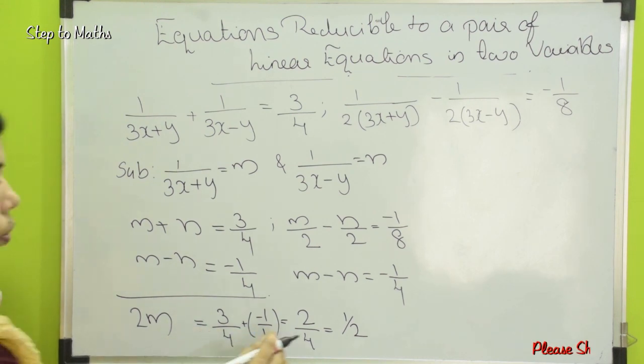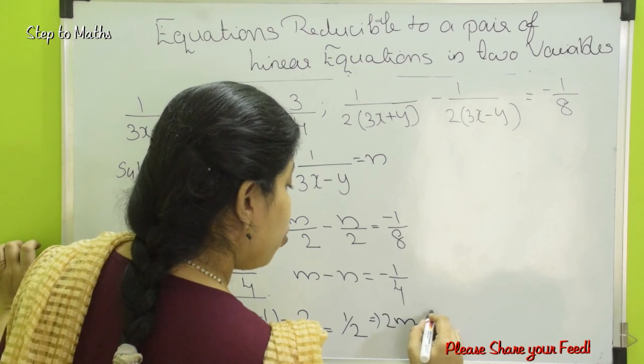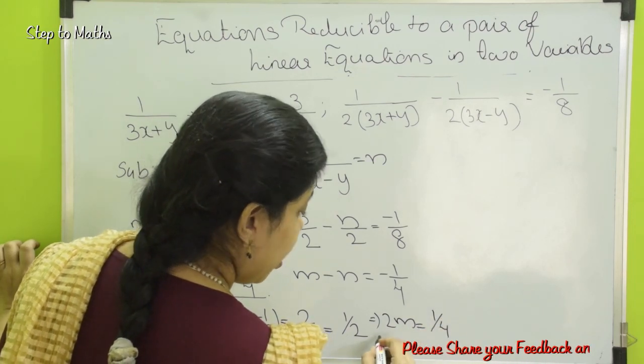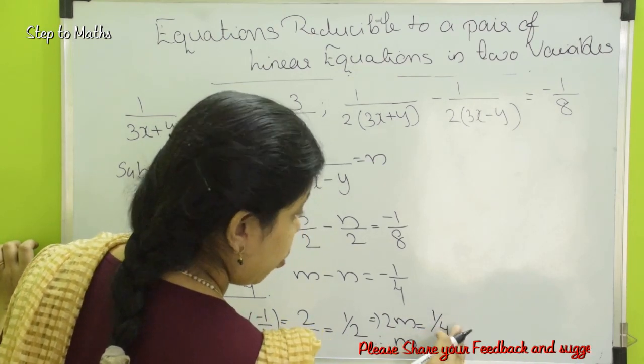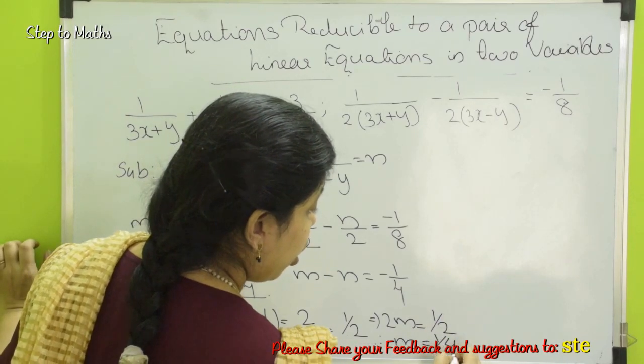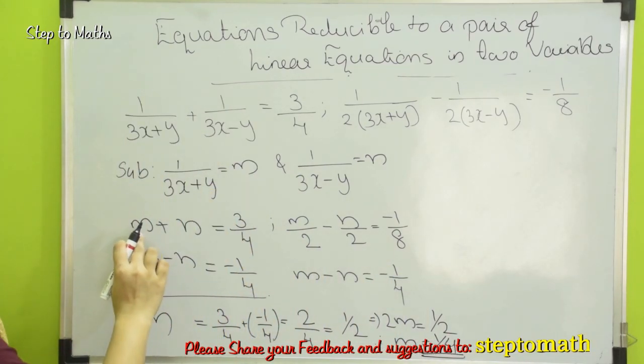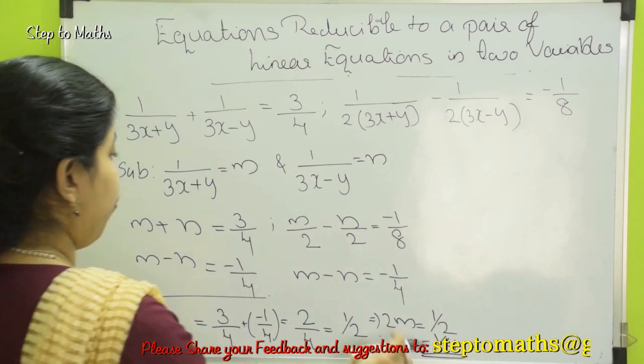That implies 2m is equal to 1 upon 2. Therefore, the value of m is 1 upon 4.